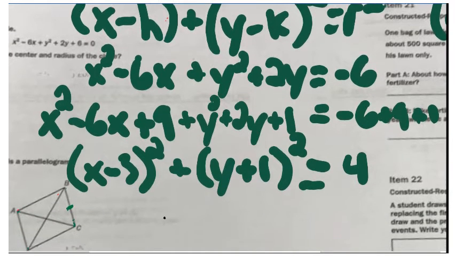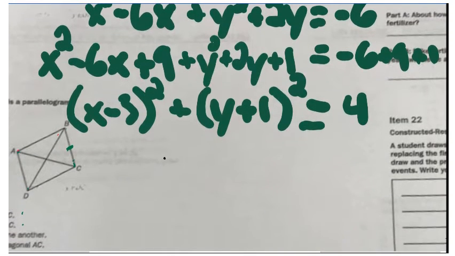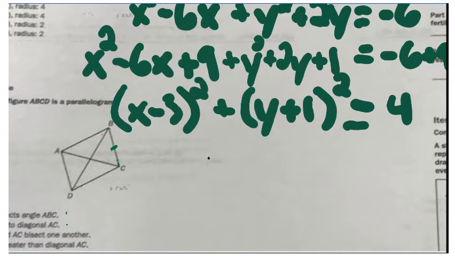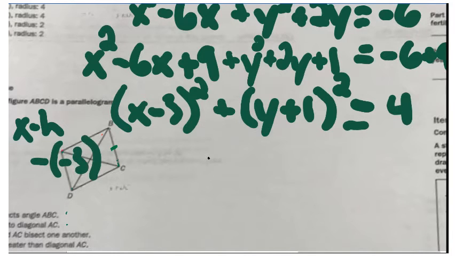Now, this is the form that we wanted. However, this is where it gets a little bit tricky. The form that we want is x minus h. Well, if it's given to you, the formula is x minus h, and our h is negative 3, so we're going to say x minus negative 3, which would give you a positive 3.